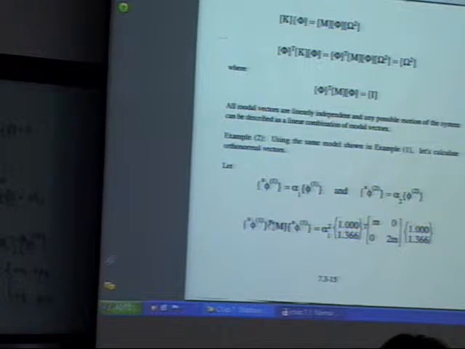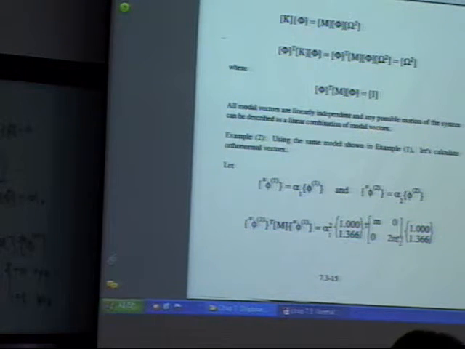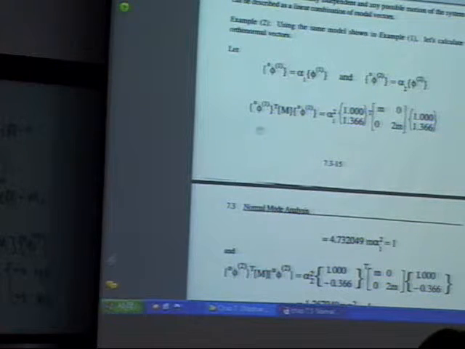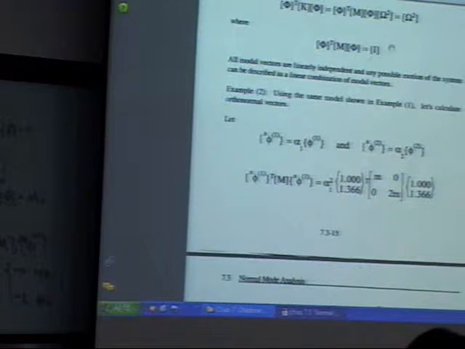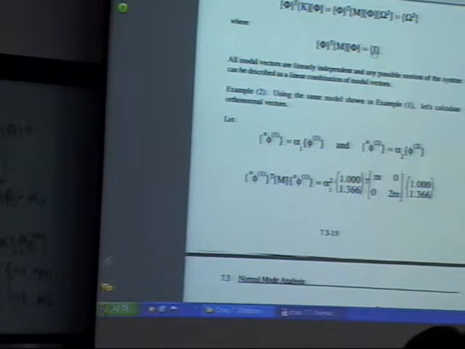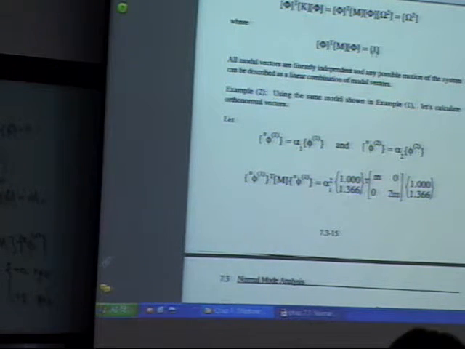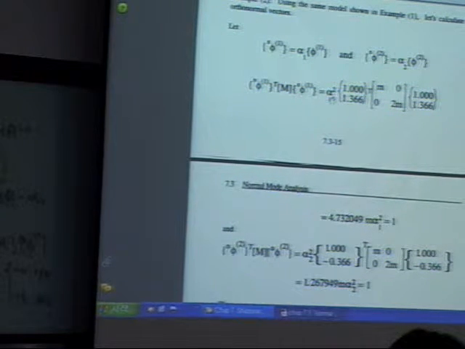Then if you pre-multiply phi transpose, then M, then phi, this is for the first mode, okay? Then you have a straight multiplication of this. This has to be equal to 1, because the diagonal has to be 1, since Kronecker delta RS has to be 1 when R is equal to S. So you have this, right?